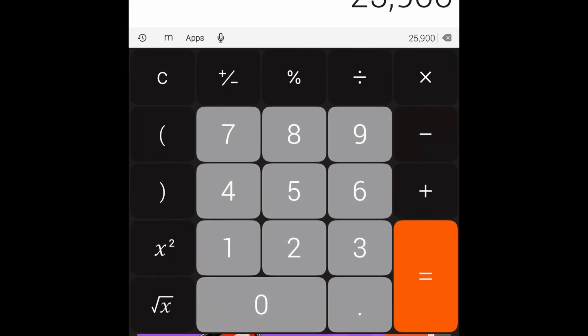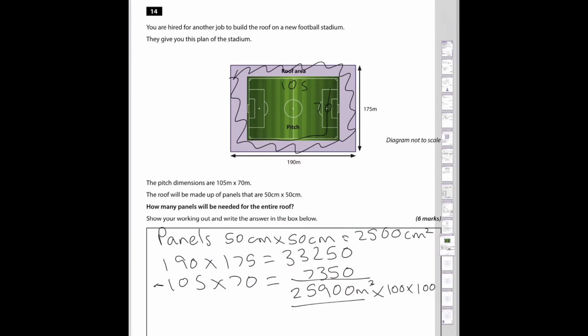So 25,900 times 100 times 100. We're effectively left with 6 zeros. 2, 5, 9, 1, 2, 3, 4, 5, 6. That's how many centimetres squared 25,900 metres squared is. Now we've got the same measurement as the panels, so we can see how many of those go into those. It's the easiest way of finding out, to make sure the measurements are the same.